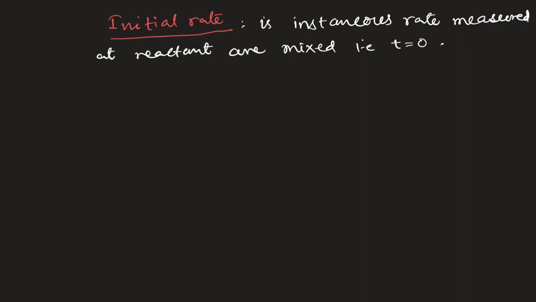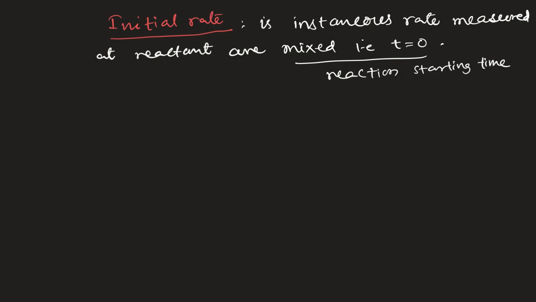Now keep in mind, instantaneous rate is measured at a particular instant. So initial rate, what is that? It is the instantaneous rate measured at time equal to 0. It means starting time only, measured at the reaction starting time. That is time 0.